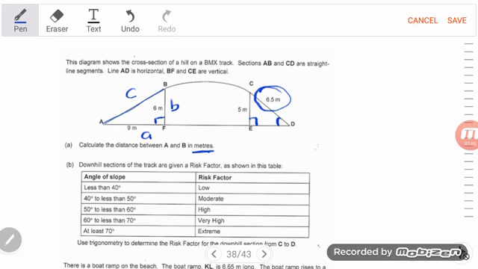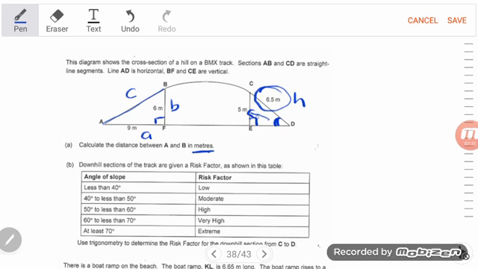Okay, so let's label our triangle, shall we? Step 0, label our triangle. So the side opposite our right angle is our hypotenuse. Now, this is our angle that we are interested in.